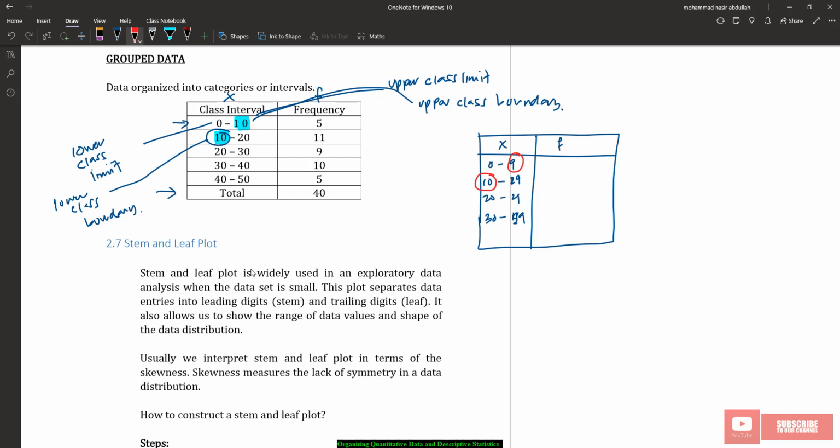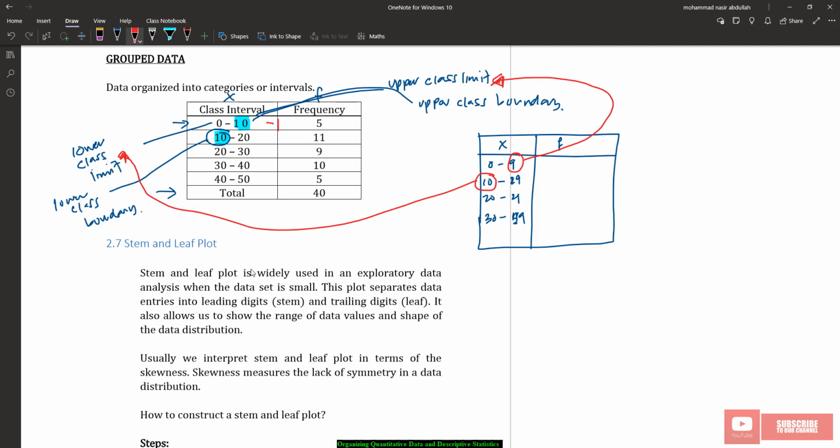So in this case, we are not calling this a class boundary. This is still called the class limit, and this is also called the lower class limit. When the upper class limit for the first class is equal to the lower class limit for the second class, then we call this a class boundary. Can you understand? I just introduced the terms.